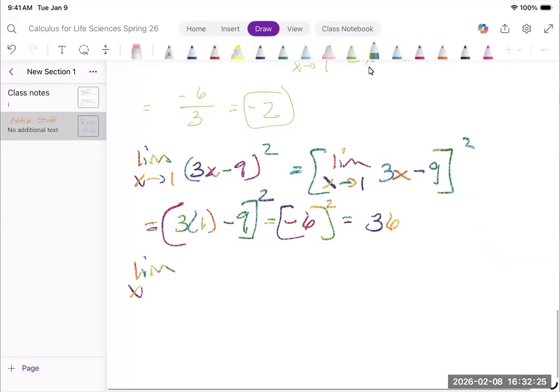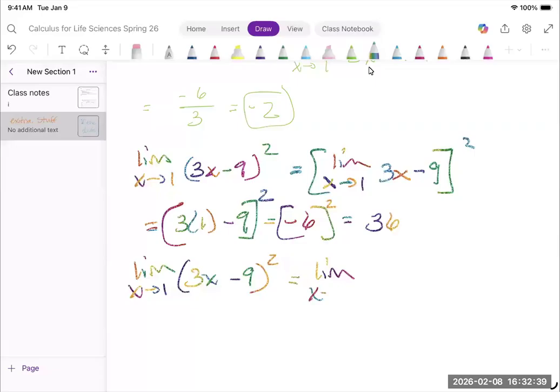The limit as x approaches 1. Well, 3x squared, oh, excuse me, not the squared there. The squared there is the limit as x approaches 1. Now I'm going to distribute, aka FOIL that out.